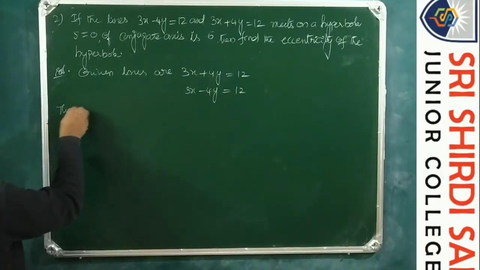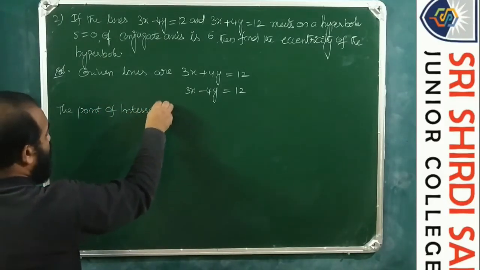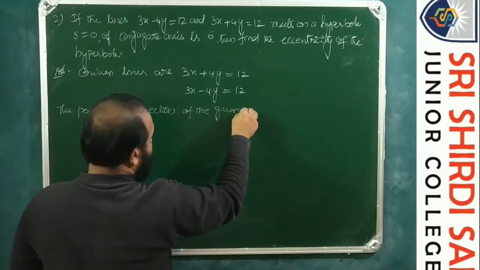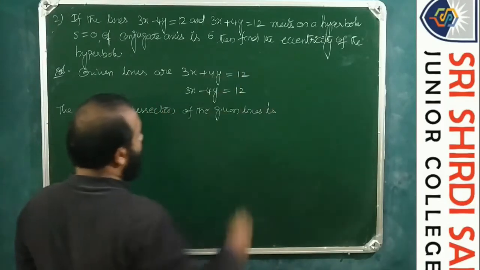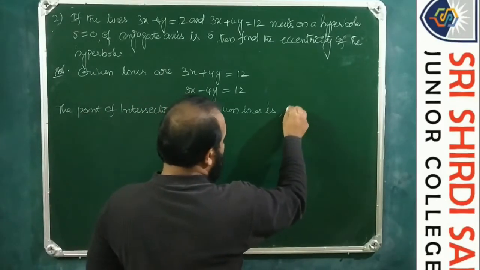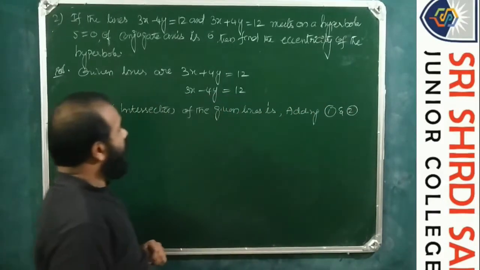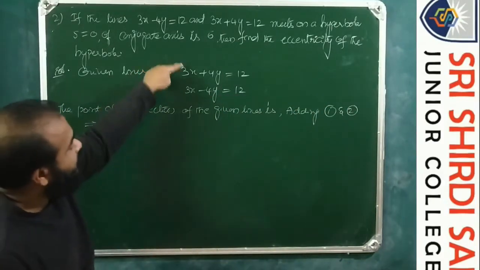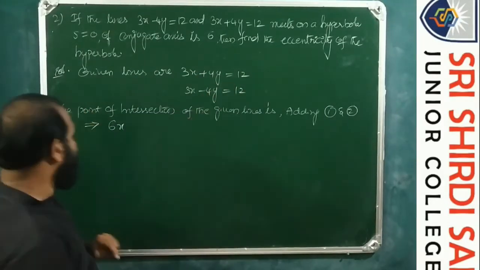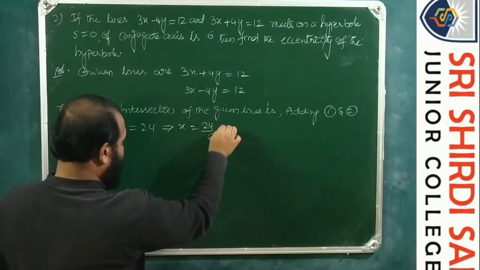So the point of intersection of the given lines: just add these two, adding 1 and 2. Then we get 3x plus 3x is 6x, plus 4y minus 4y gets cancelled, and 12 plus 12 is 24. From this x is equal to 24 by 6, which is 4.